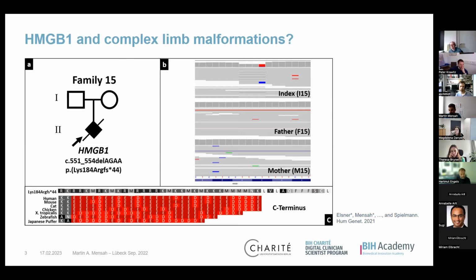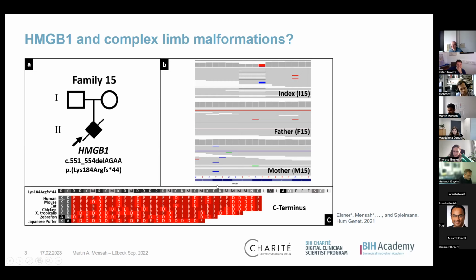HMGB1 is a protein that has various functions. It belongs to a very old, evolutionarily old group of proteins, the homeobox domain containing group member family. And this E and D repeat is known to mediate the interaction of HMGB1 and DNA.